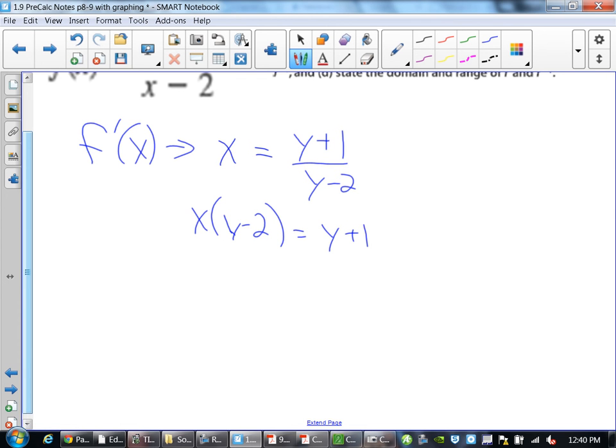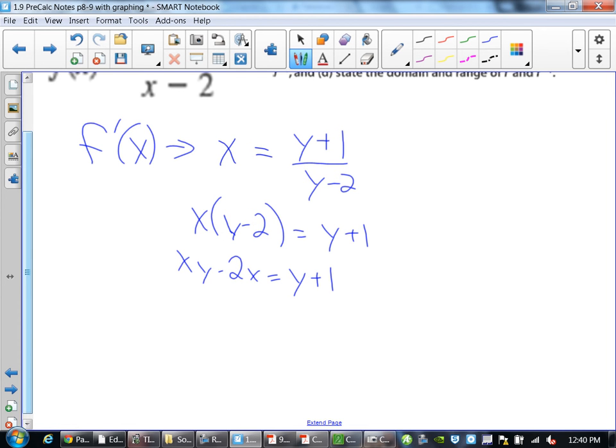Okay. Now I'm going to distribute the value of x. So I have xy minus 2x equals y plus 1. Can I get both y's on one side?